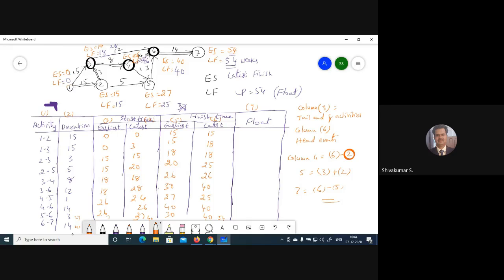Next, 40 plus 14, 54. And the last column: float.